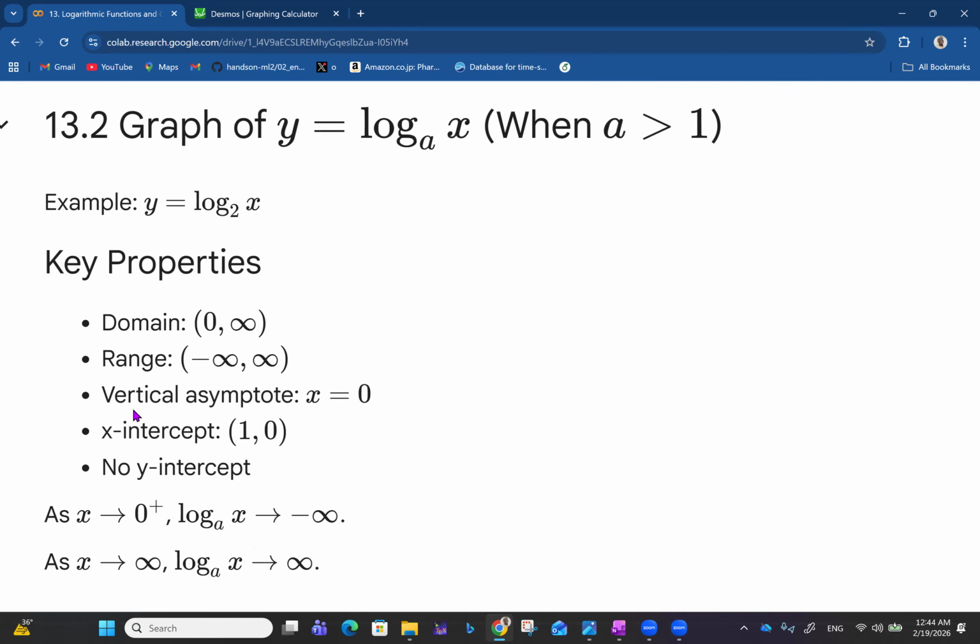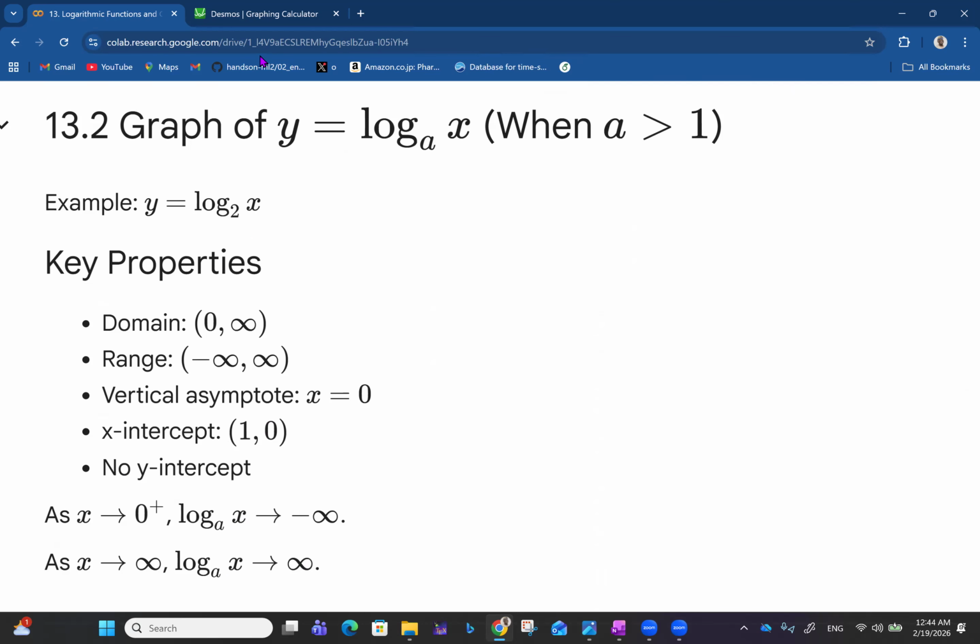Then the vertical asymptote is x equals 0, and the x-intercept, just like we saw before, is 1 comma 0, and then there's no y-intercept. As x approaches 0 from the positive side, the function approaches negative infinity. As x approaches infinity, log x to base a approaches positive infinity. Well, instead of just telling stories, let's look at it on Desmos.